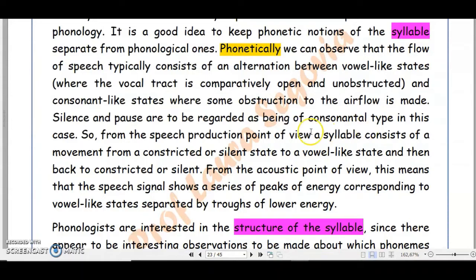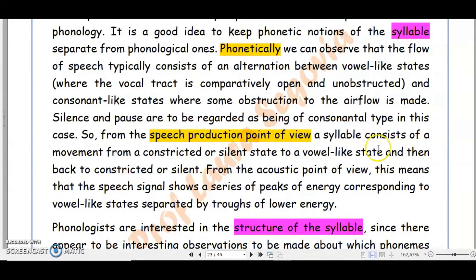So from the speech production point of view, when you have to say something, a word as no, a syllable consists of a movement from a constricted, obstructed, or silent state to a vowel-like state in which there is no obstruction. You go from an obstruction with the consonant when you say no, you move from this to a free air stream when you say O, no obstruction, okay, O.